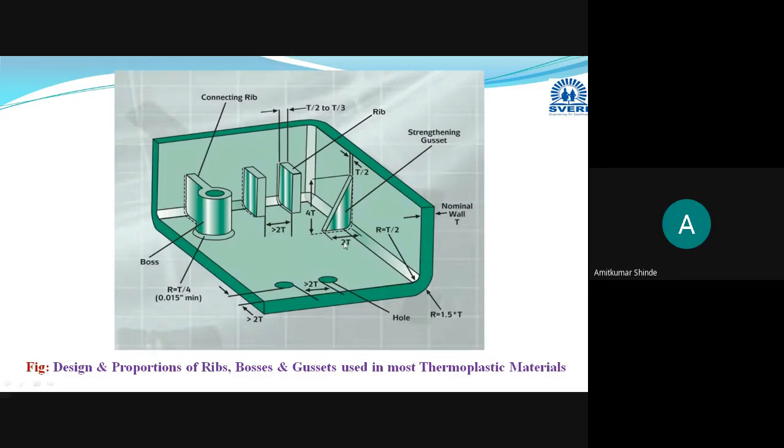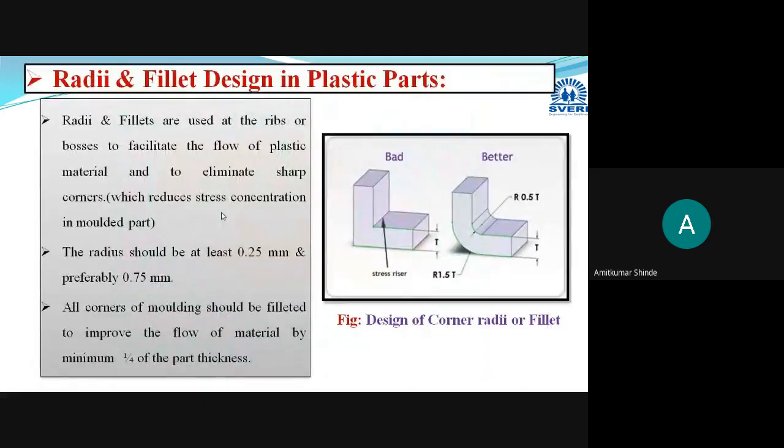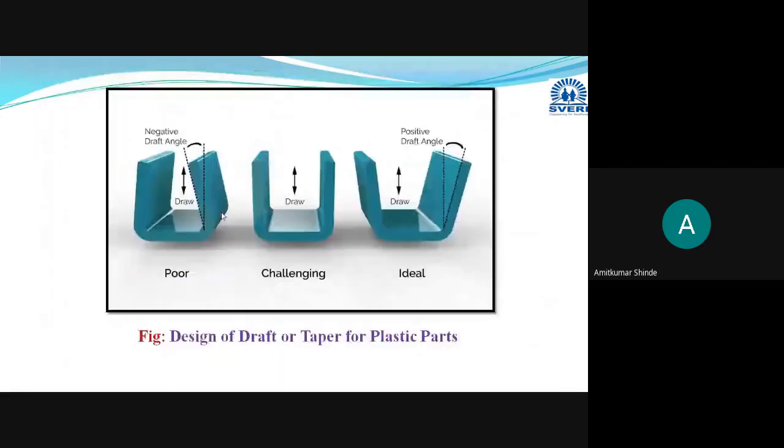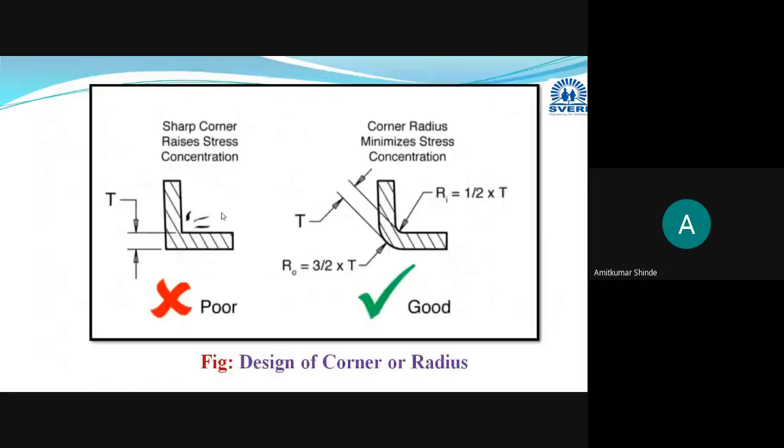In short, you can say that they increase the strength of that part, or provide support to the boss. And these are radius and fillets, and drafts. It will take some time.